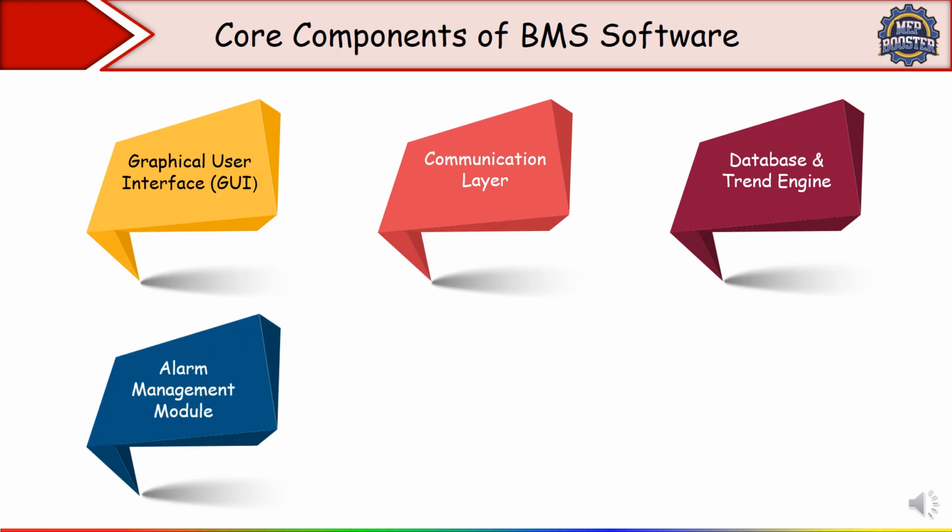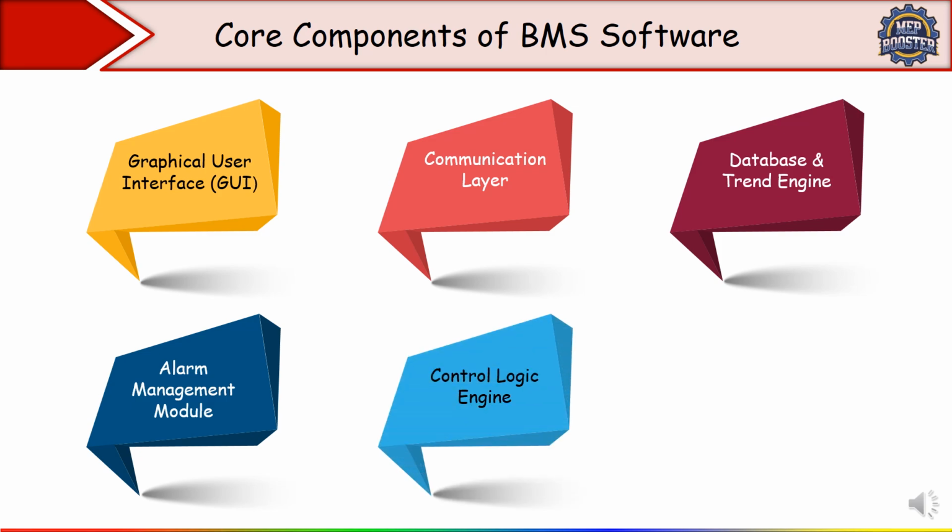Then the alarm management module. This component detects faults or warnings, for example, fan failure, temperature too high. It displays alerts on screen and sends SMS or email. Next, the control logic engine. It executes automation rules.